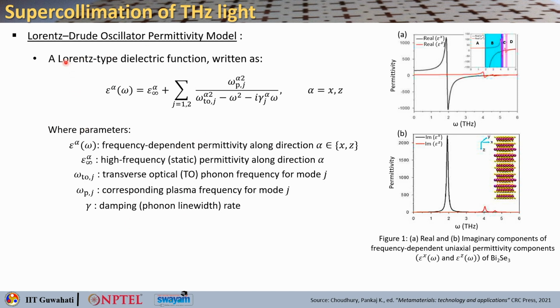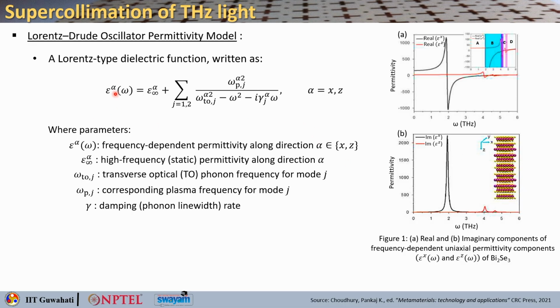So, you can use this particular dielectric function to write down the permittivity of this material along different directions. So, alpha here stands for x, y or z. So, we are just mentioning x and z because x and y are basically same in this particular case. You can see the direction x and y are basically the planar one and the z is basically the perpendicular one, right.